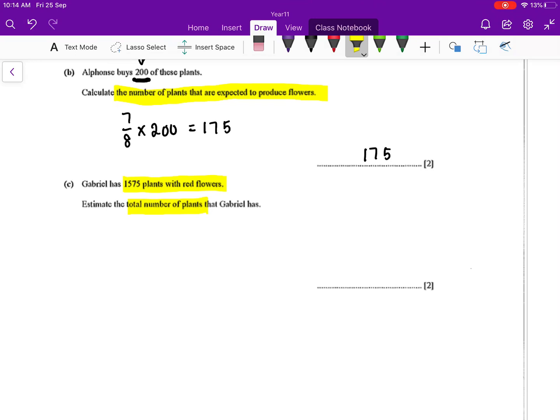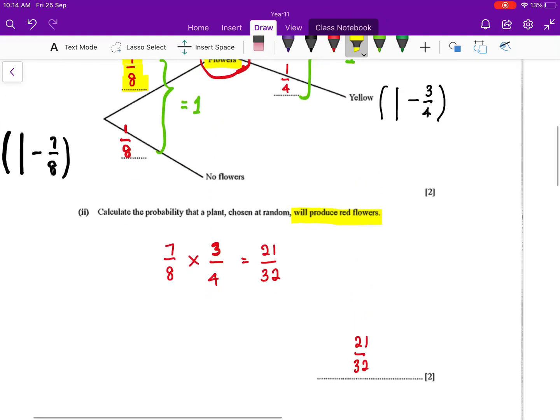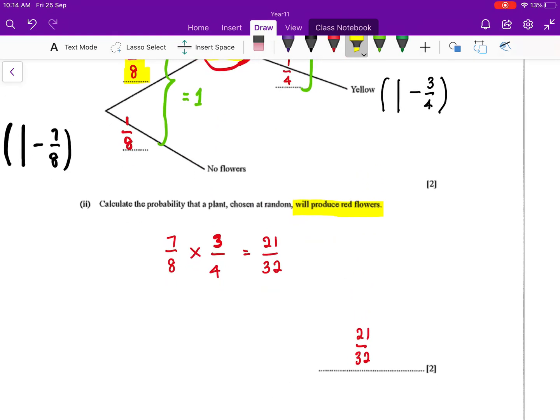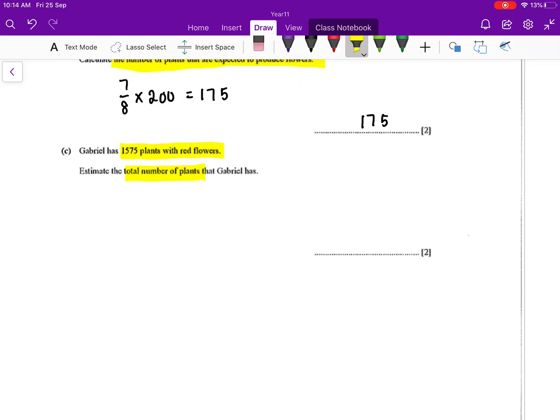To solve this question, you can take the answer that you have calculated just now for the probability that a plant produces a red flower.